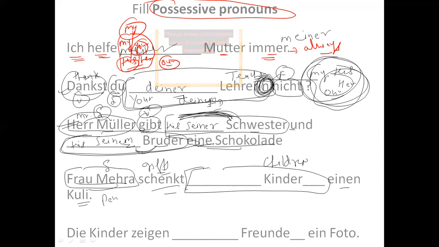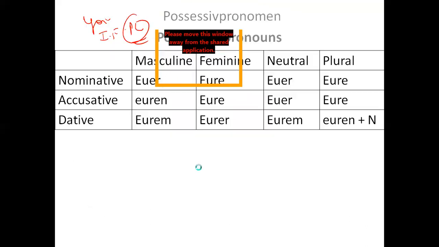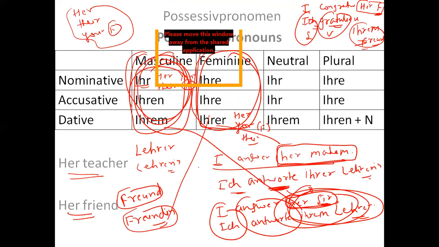So this is subject, that means nominative. This is verb, gift, and this is an object. And which object? Indirect object, hence dative. So Mrs. Mehra gifts her children. I should write her children. Now I need to follow the table of her. So if I go to the table of her, it says her children. So children is masculine, feminine, neutral, or plural? Children is plural, child is singular.